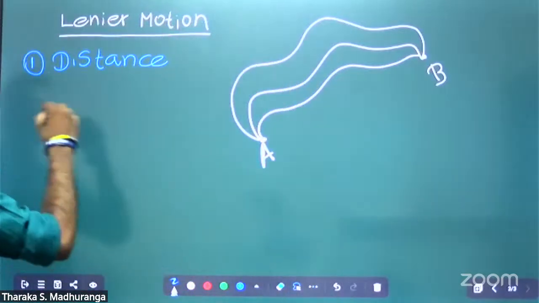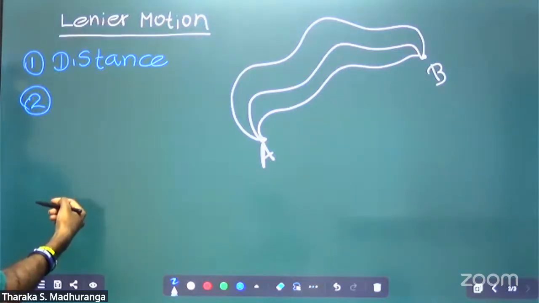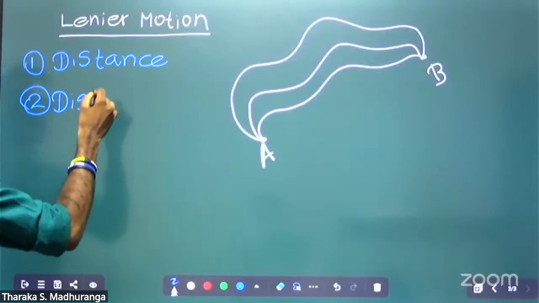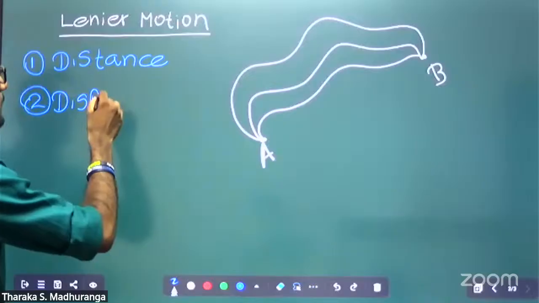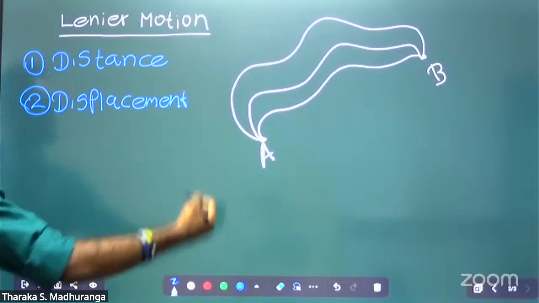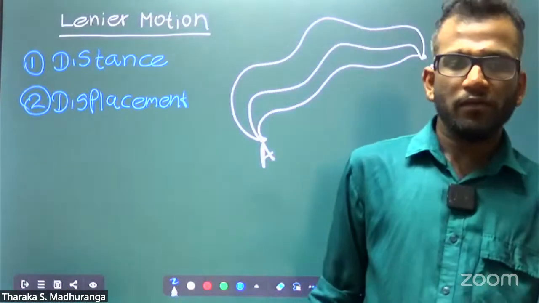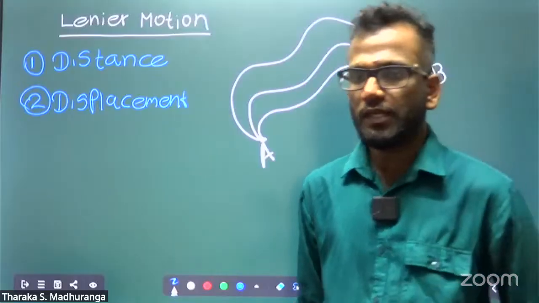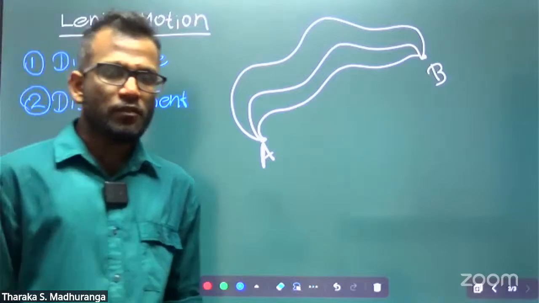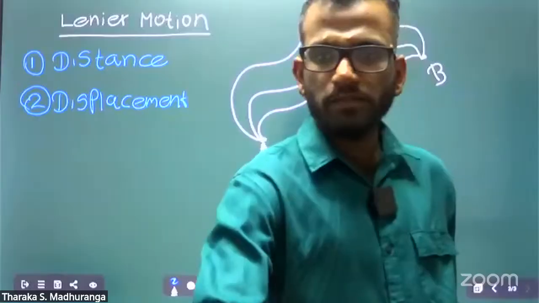Okay, our second physical quantity that we can use for linear motion is displacement. Okay, what's the meaning of the displacement? Quickly, the definition.